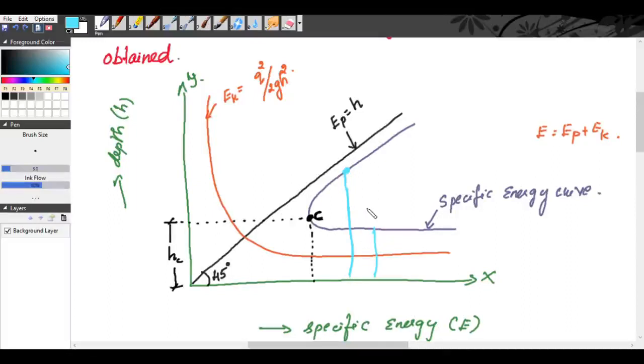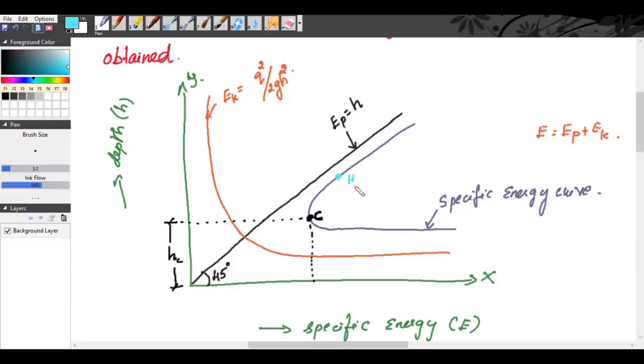If you take a point here, this is one depth and this is another depth. So this is called H1 and H2. So these are called alternate depths. Now let us consider this point.